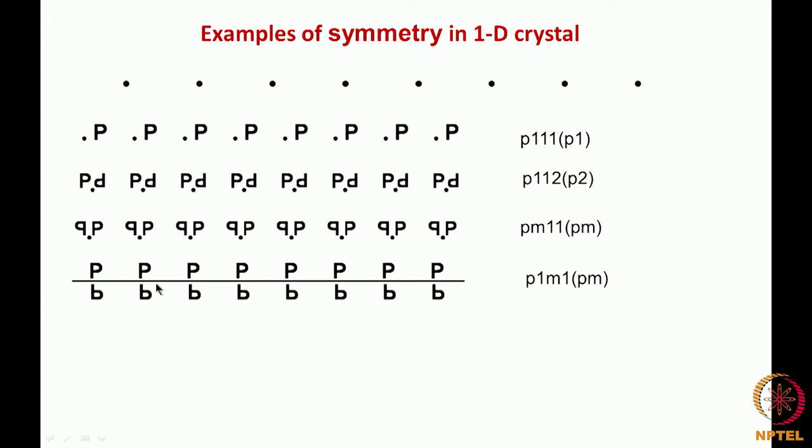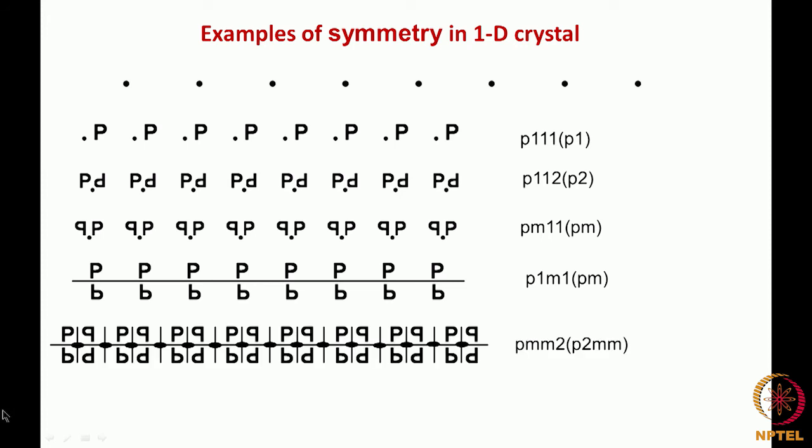So, if we represent it, x direction there is no mirror symmetry, only 1 fold, y direction there is a mirror, z direction only 1 fold rotation. So, this is what we represent as P1M1, okay. This is also, if you look at the general symbol which is used, PM, because only one mirror symmetry is there.